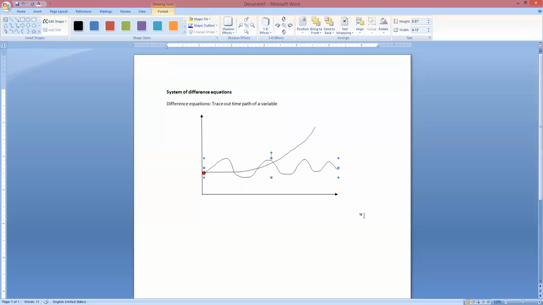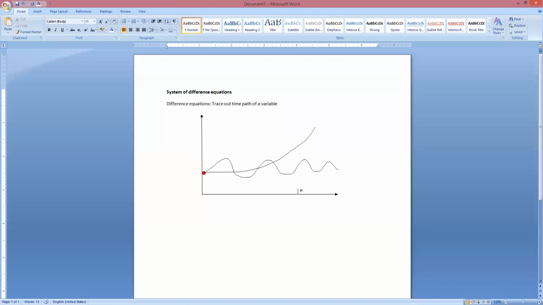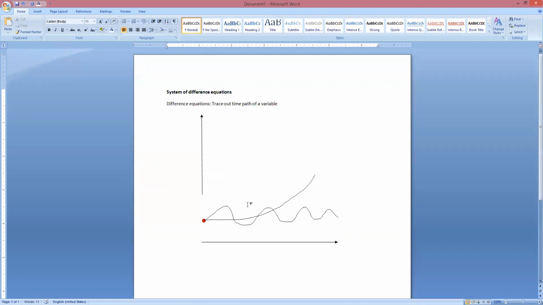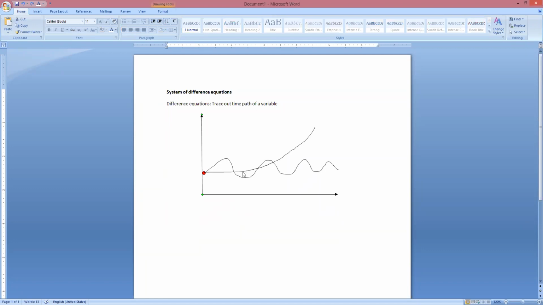So we can have different types of movement of the price. However, over here, what we have done is we are studying just one single variable.